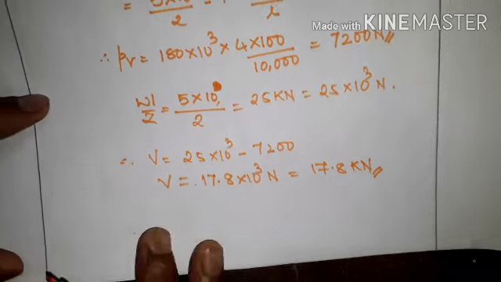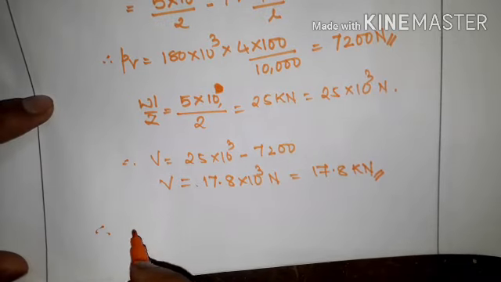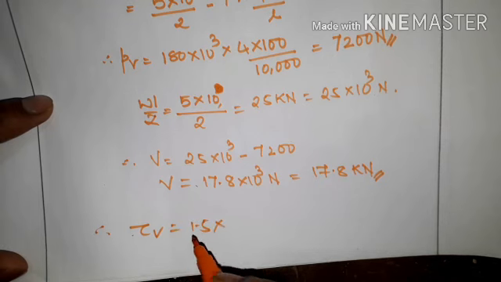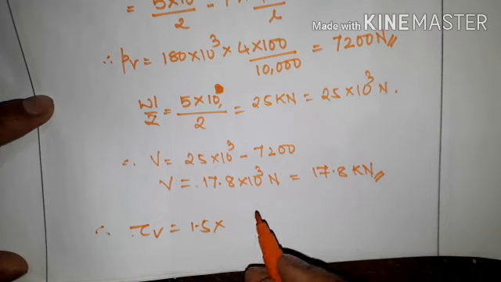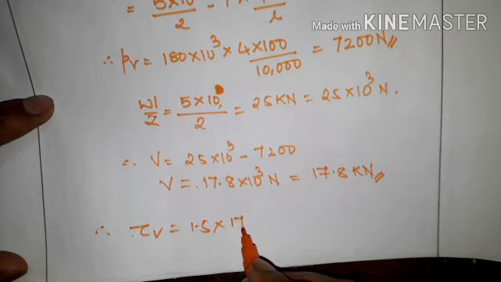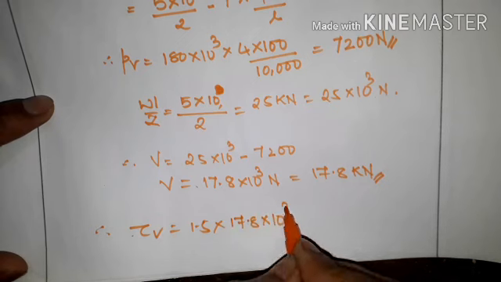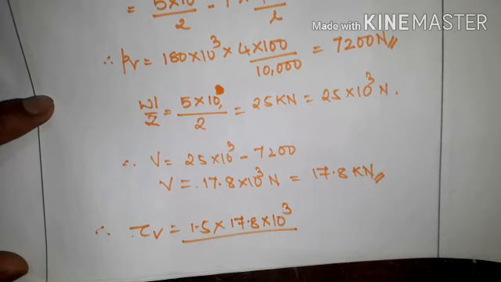Therefore shear stress tau V is equal to 1.5 times V, that is 17.8 into 10 raised to 3, divided by BD. So B is 120 and D is 300.